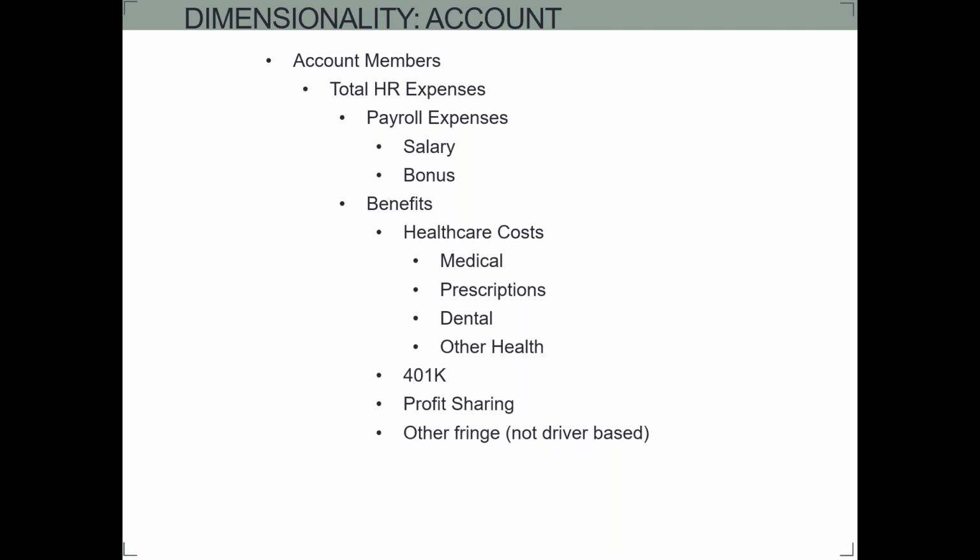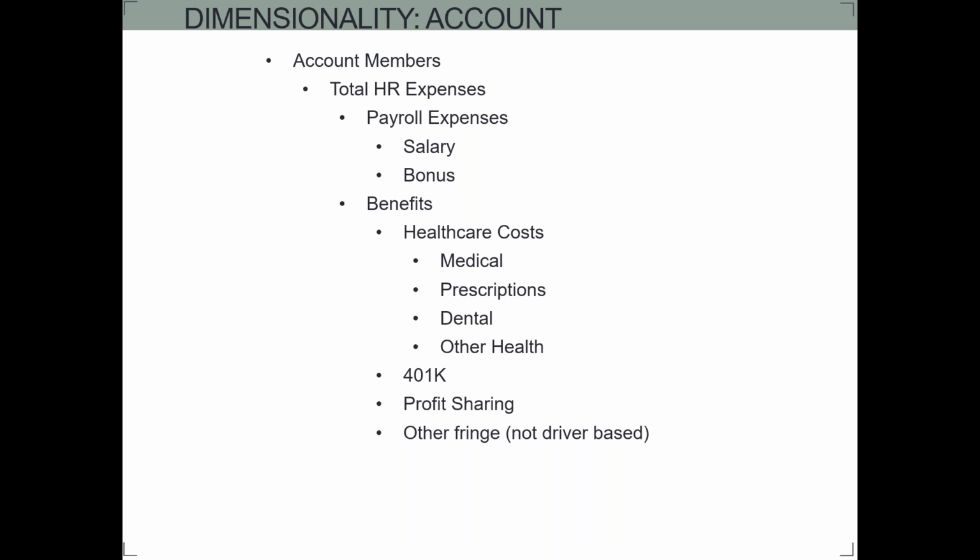So what does that account? What are we actually planning? Here, we have salary and bonus, the two things that come out of the payroll system that everyone knows about. Then we can calculate benefits that are really based on the headcount, right?